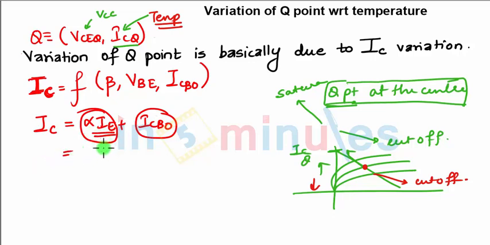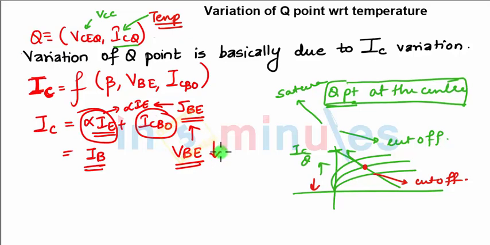We can write IE in terms of IB, or we can say IC is again dependent on IB also, and this alpha IE, the emitter current, is dependent on the JBE, the base emitter junction. When we are forward biasing, we are providing voltage VBE. So if we decrease VBE, your IE current will decrease, and that will decrease your collector current, right? So it is dependent on VBE, right? The dependence of IC on temperature is indirectly dependent on the VBE dependence on temperature.